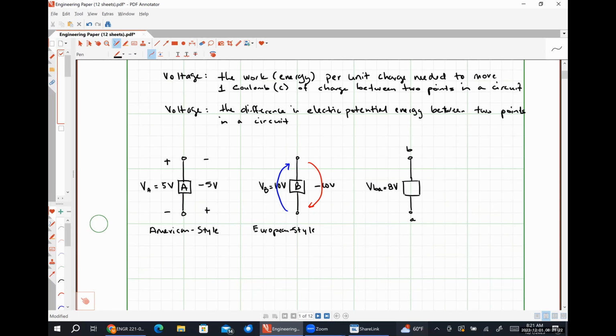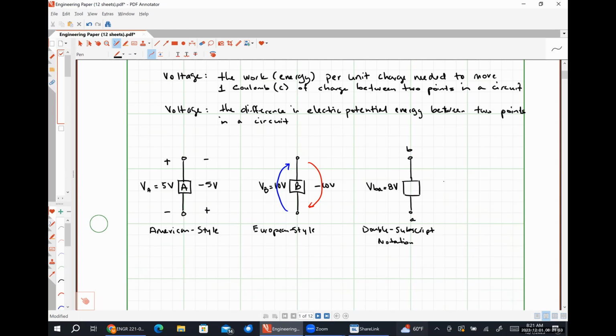How the double subscript notation works is that the first letter in the subscript is the positive polarity terminal, and the second letter in the subscript is the negative polarity terminal. So this is saying the potential at terminal B is 8 volts higher than the potential at terminal A.